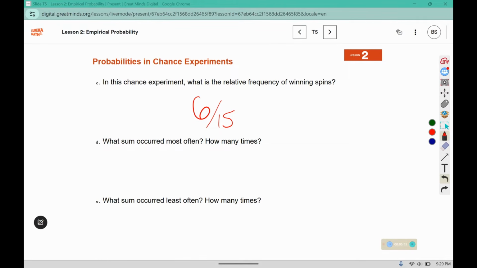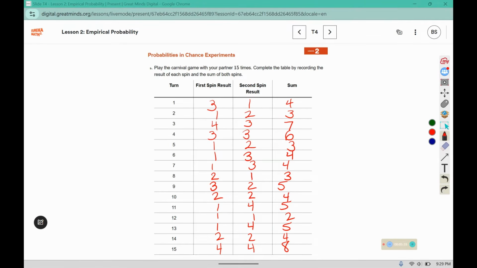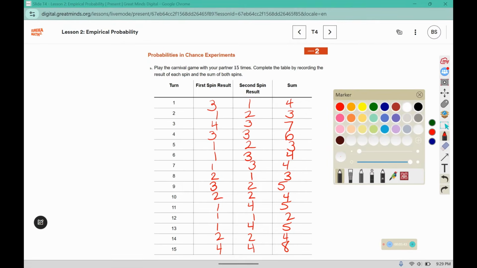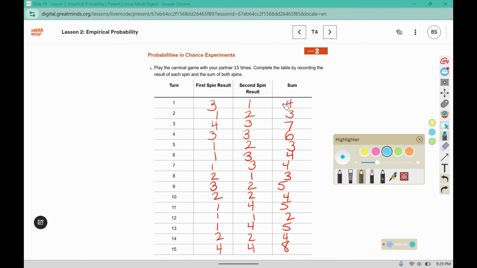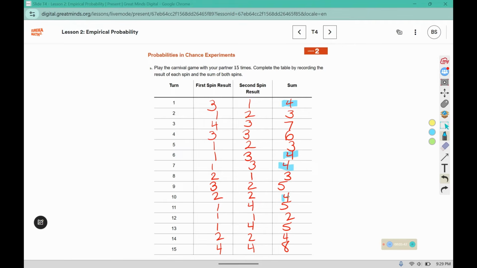What sum occurred most often and how many times? Let's see, we had 4 show up 1, 2, 3, 4, 5 times.